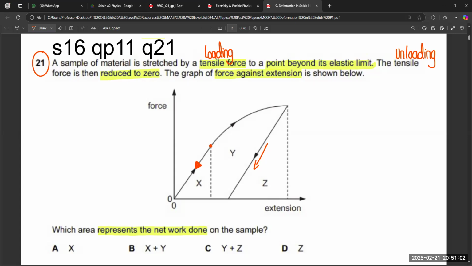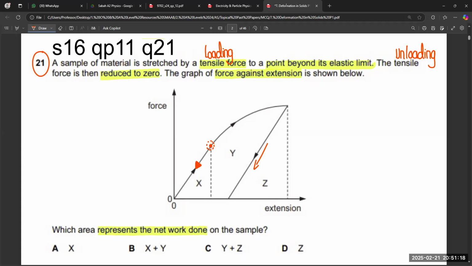So from a certain point, if we consider point X, basically X represents the area in which loading and unloading are equal and energy remains conserved.